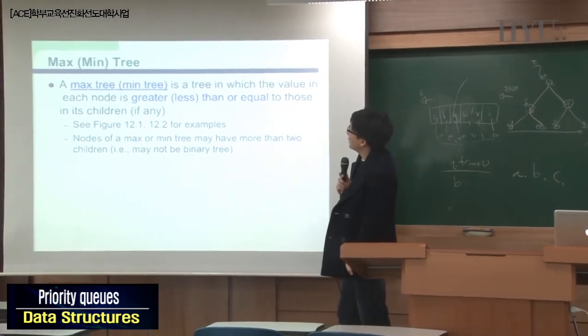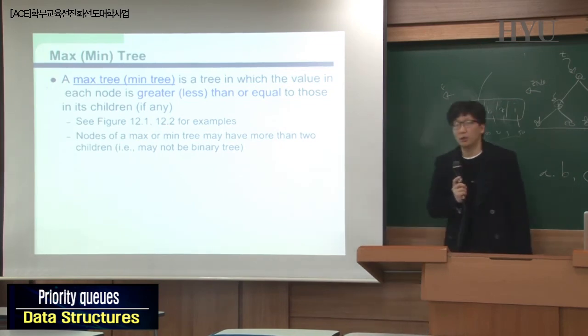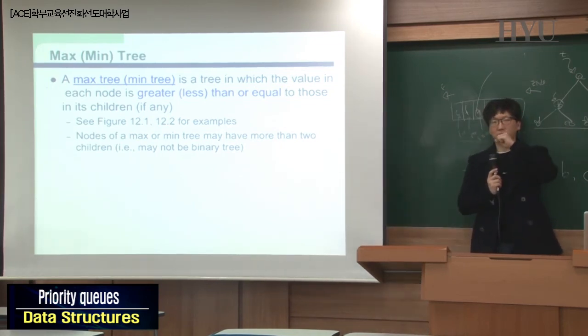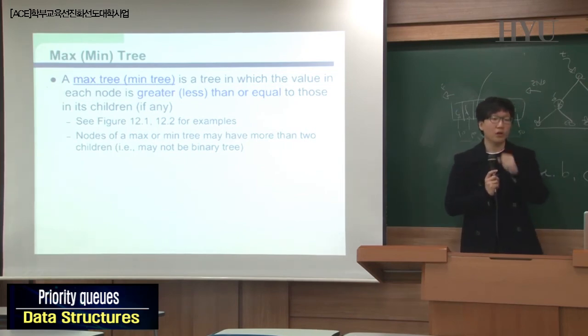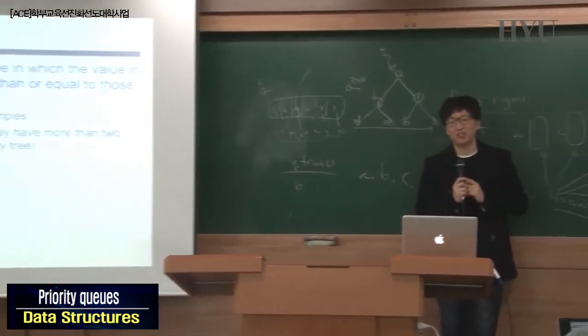The value in each node is less than or equal to those of its children. So I have some value, my value is 10. My children will have a smaller value than 10 or larger value than 10. That's the definition of max and min tree.